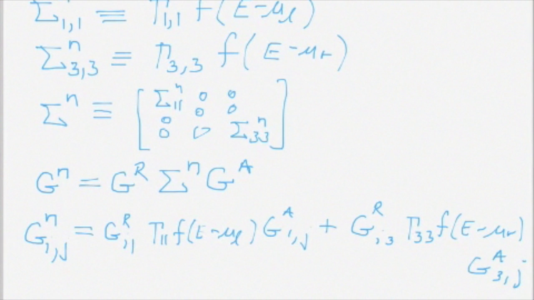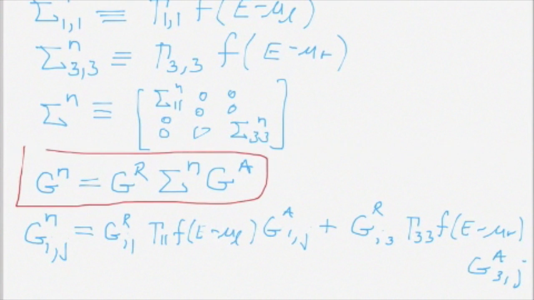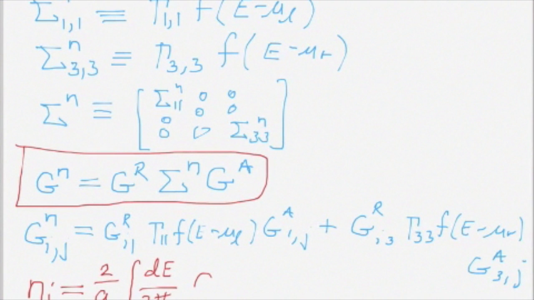So in terms of this new matrix or function that we've just defined, your electron density, Nj, is equal to 2 over A integral dE over 2 pi G sub n, or G superscript n, the diagonal elements of this. And this is as simple as that.